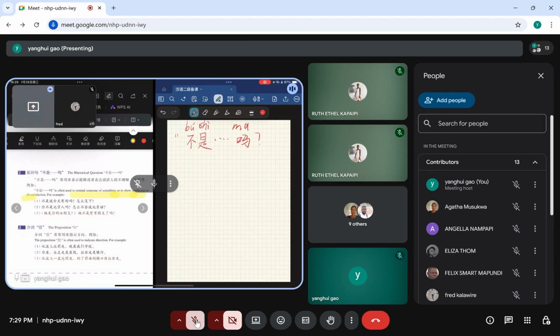So 不是什么什么吗, we can have the basic structure.